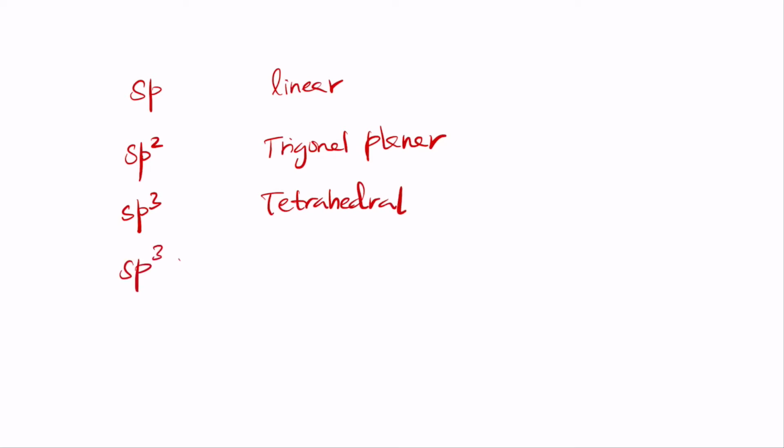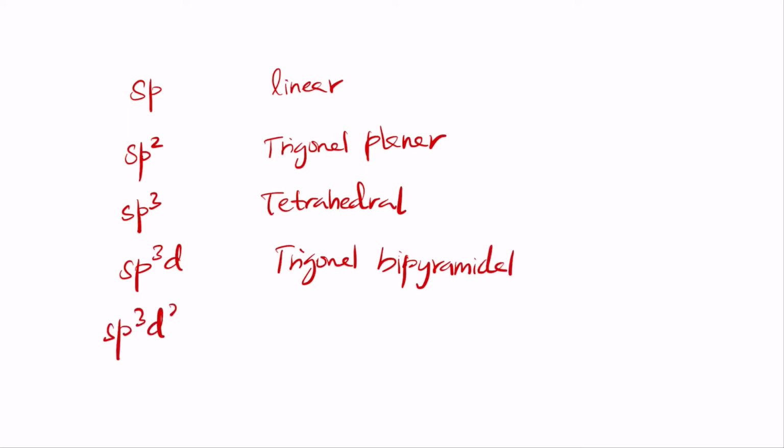When you have sp3d hybridization, the structure is trigonal bipyramidal. And when you have sp3d2 hybridization, that results in the formation of an octahedral arrangement. So this is the idea behind the type of orbital and the shape that it can form.